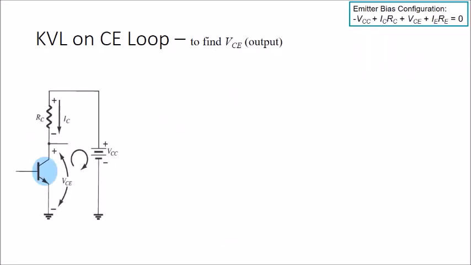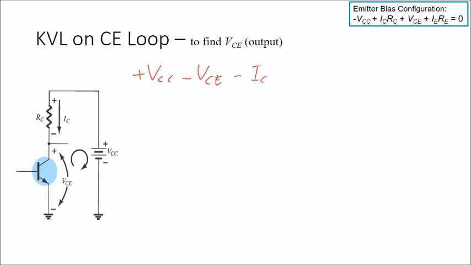For the KVL on the CE loop, we will use clockwise. We start with the positive VCC here, and then we have the voltage drop at VCE, the voltage drop between the collector and emitter terminals, and then we have the voltage drop at the RC.